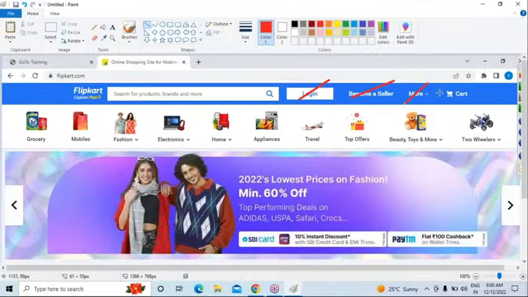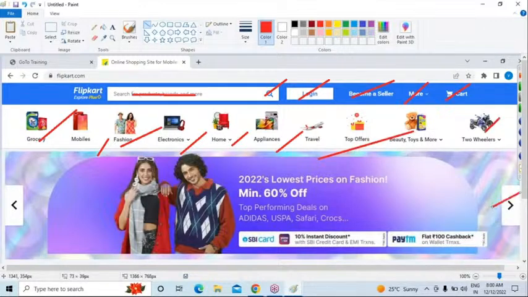More is one functionality. Cart is one functionality. The search is one functionality. Search button, groceries, mobiles, all come under functionalities. We give a name like this on the testing side: we call it a functionality. So we are going to test whether these functionalities are properly working or not.